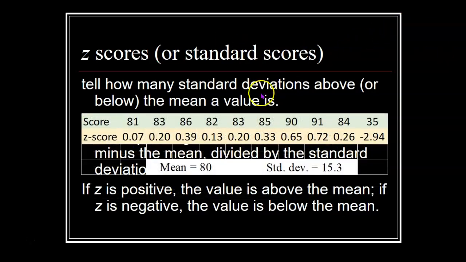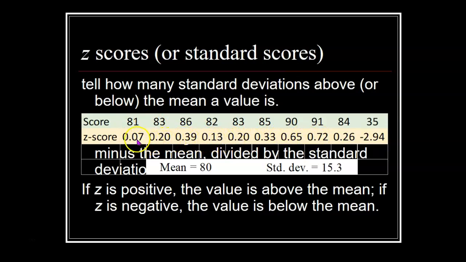So here's an example for this set of scores that we've looked at before, where most of the people scored above the mean of 80, but we had one person who scored way below. Here I'm showing you the Z-scores that correspond with each one of these test scores. Most of the Z-scores are positive.